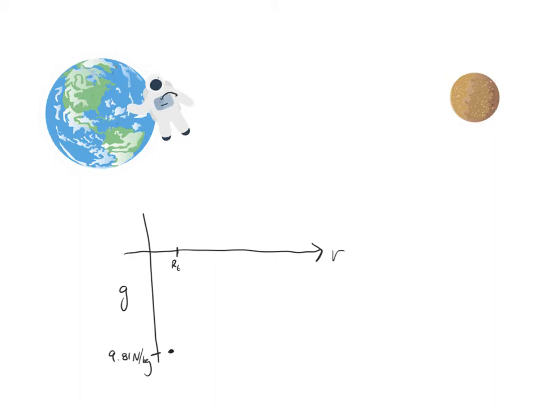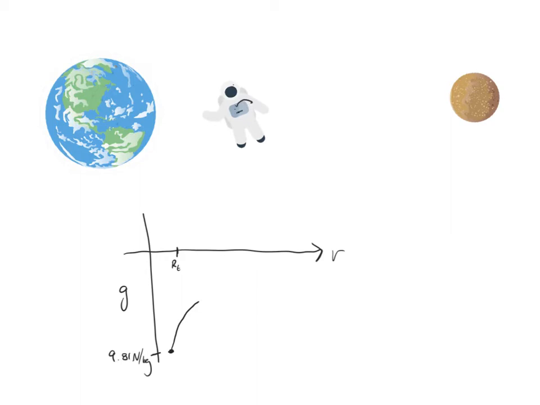Now, as the person is moving further away from the Earth, we would expect the gravitational field strength to decrease. Just to make sure that you understand this, the astronaut, a woman or a man, will experience a lower gravitational field strength from the Earth.